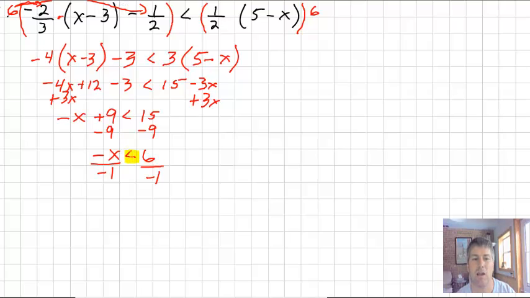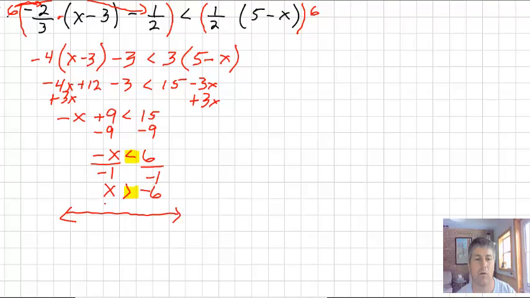Okay, I got to change that to a greater than symbol. So I get x is greater than negative 6.